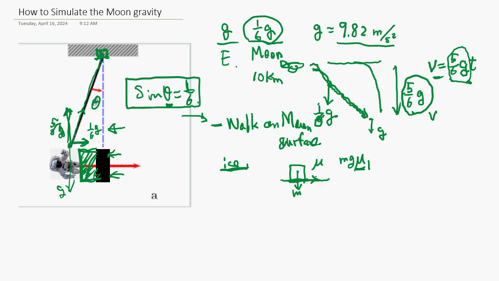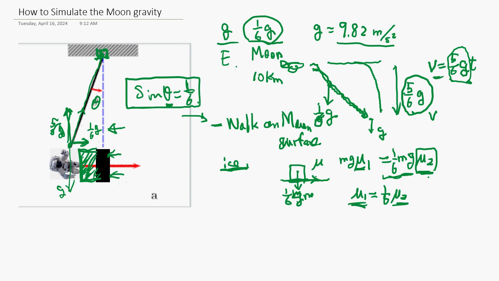But if g is 1/6, mg mu, even if you have a normal friction constant, because the gravity is 1/6, it's almost as if 1/6 of the normal friction constant.